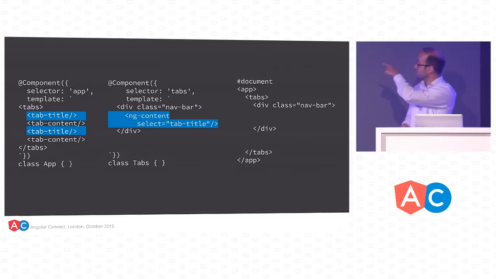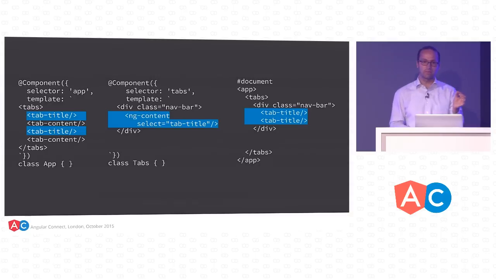So in this case, this ng-content selects all the elements that match tab title as CSS selector, which is 2 elements, the one I marked. And when we run this application again, we will see these 2 tab titles show up at the place of the ng-content. And in this case, inside of the navigation bar.